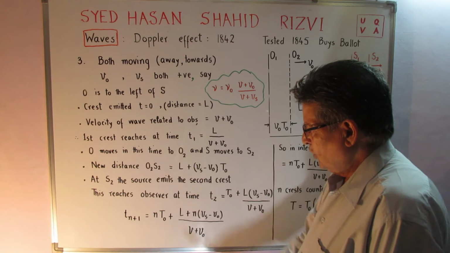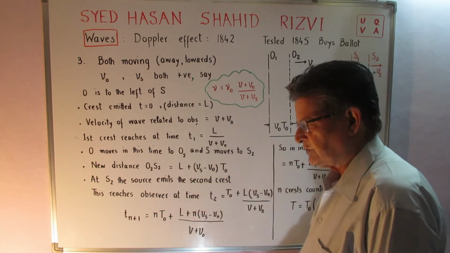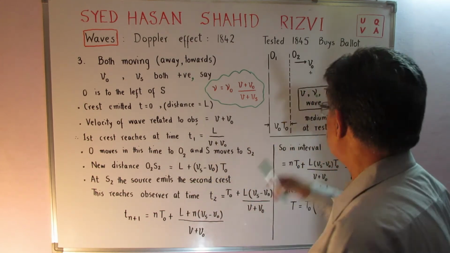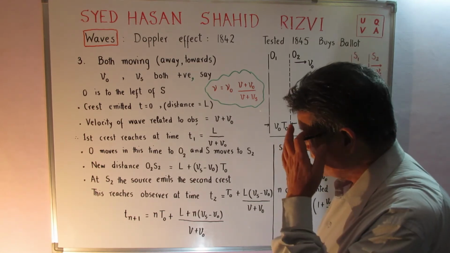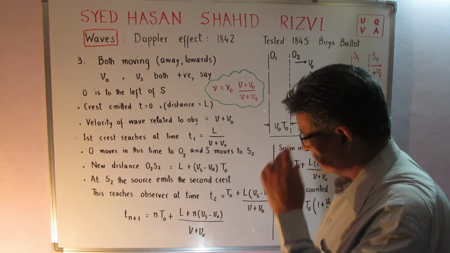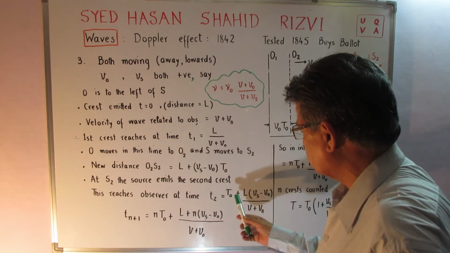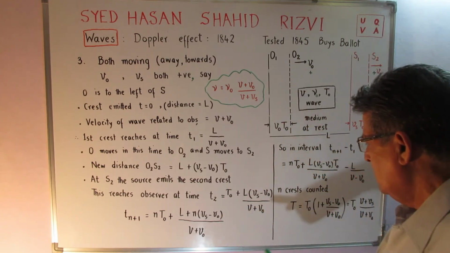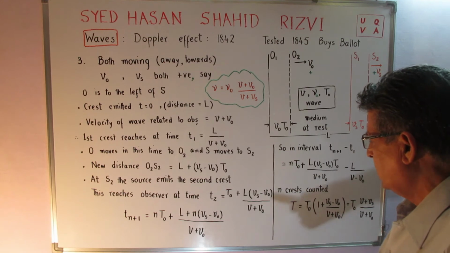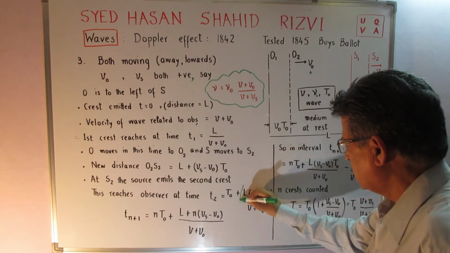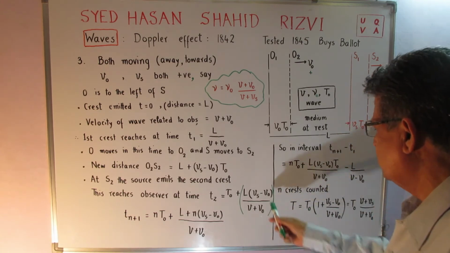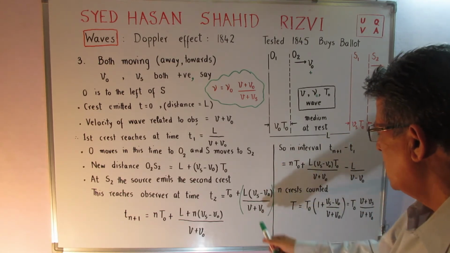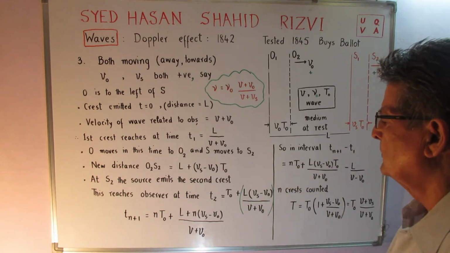At S2, the source emits the second crest. This reaches the observer, the detector, at a time t2, which is equal to t0 plus L (vs minus vo) upon (v plus vo).